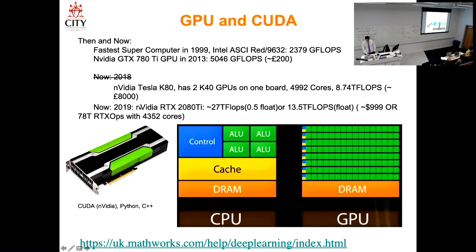Today, you can buy an NVIDIA 2080 Ti for about $900, and you get 27 teraflops if you do half floating point, or 13.5 teraflops with full floating point. So you're almost 6 times faster than the fastest supercomputer while spending less than 1,000. GPUs are super, super fast.